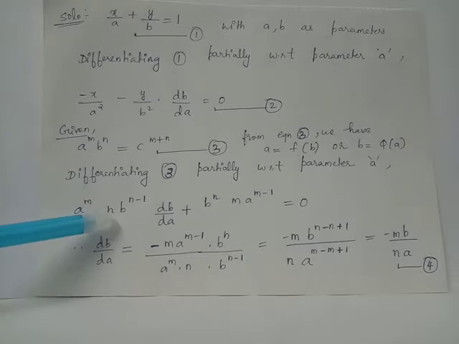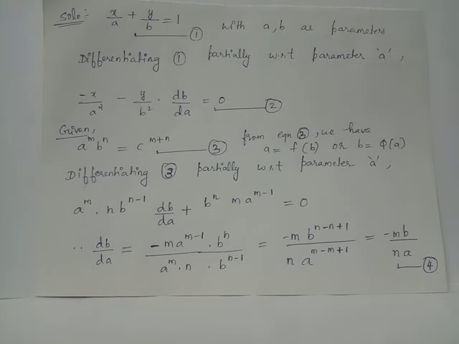From this equation, we can find an expression for db by da. You will take the second term of the equation, b raised to n times m a raised to m minus 1, to the RHS. Then we have db by da equals negative m a raised to m minus 1 multiplied to b raised to n upon a raised to m into n into b raised to n minus 1. We have b raised to n upon b raised to n minus 1 becomes b raised to n minus n plus 1, which equals b.